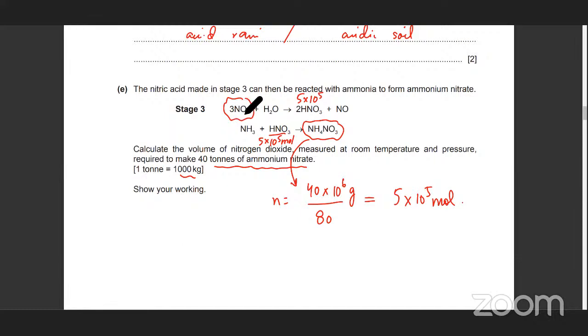So the amount of NO2 moles that would be needed to produce that much would be 2:3. So it's probably going to be 7.5 times 10 power 5 moles. Okay, so this much nitric acid, 1:1, this much nitric acid was needed. And this nitric acid was produced in the previous reaction. And if it was produced in the previous reaction, so that much NO2 would be needed.